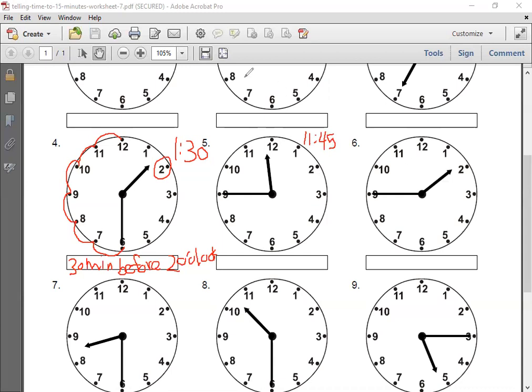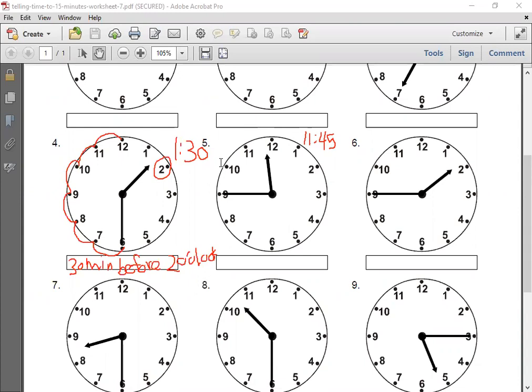Okay, I want to tell the time using the next hour. The next hour will be 12, because the time now is 11. So how many minutes are left for the clock to be 12 o'clock? The minute hand here didn't reach 12.